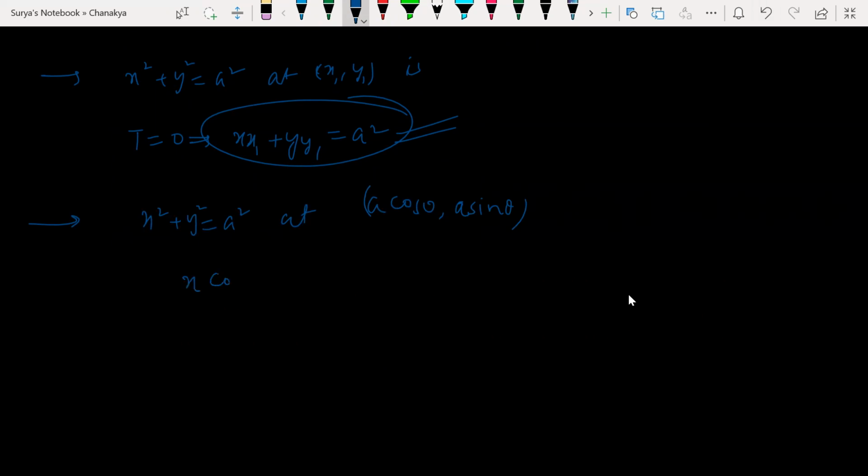This will be x cos theta plus y sin theta is equal to a. How are we writing this? Because now if I just draw a diagram, these formulas, there are not many formulas, standard results we must remember. If you know tangent for what circle, what equation, you must remember that.